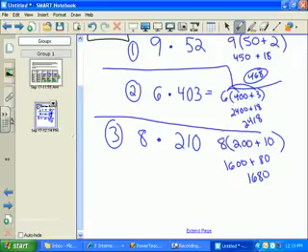I find myself using that a lot too, when I just want to quickly do something in my head. What the distributive property says, like the example at Menards yesterday, is that multiplying by each of the parts is the same thing as multiplying by the whole.